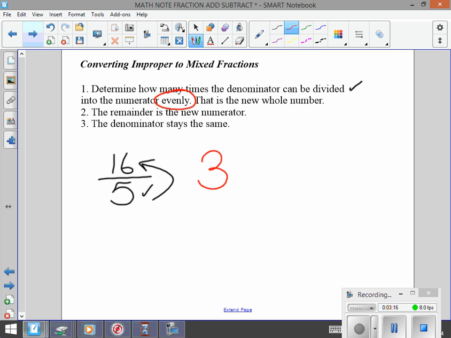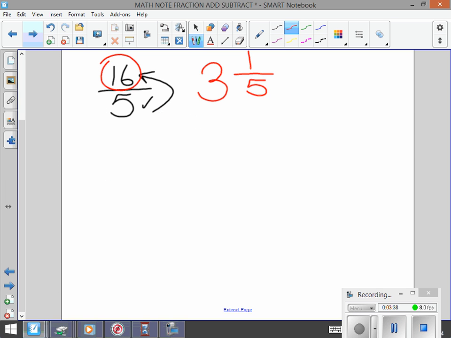Then it says the remainder, the difference between this original number and the number you just came up with, which was 15, is the new numerator. So that's 16, and we were just at 15, so the difference is 1. And again, just like before, our denominator stays the same. So that's how you do it. That's 3 and 1/5.